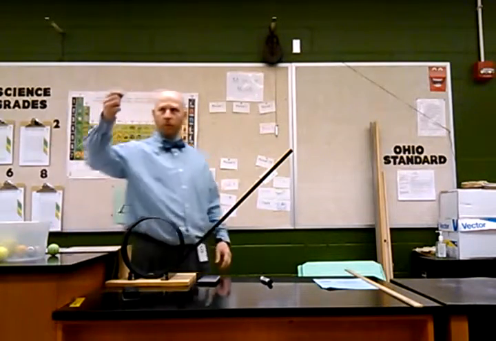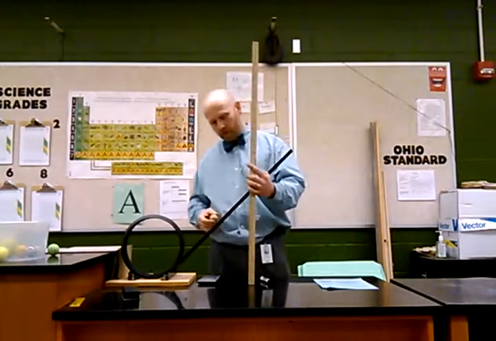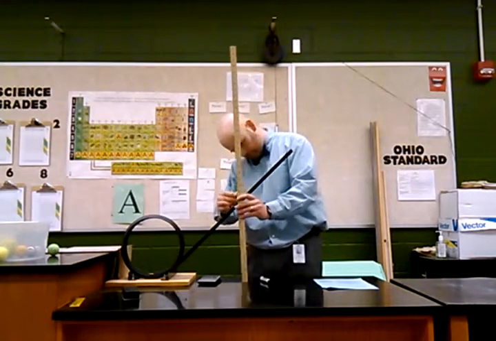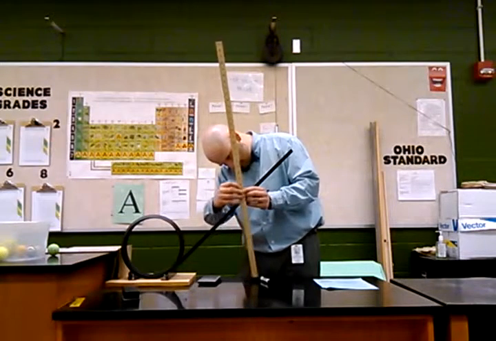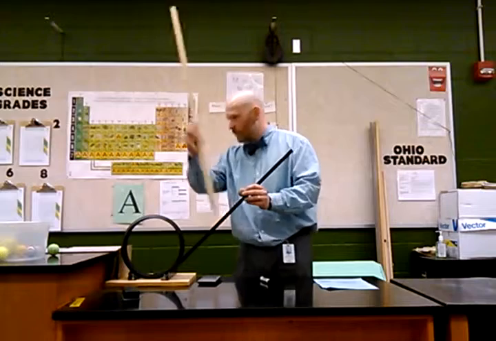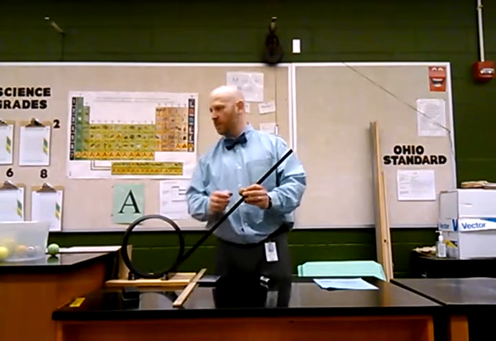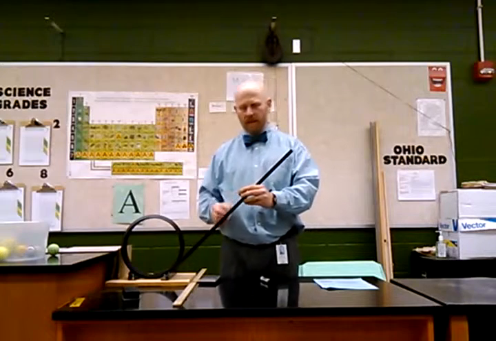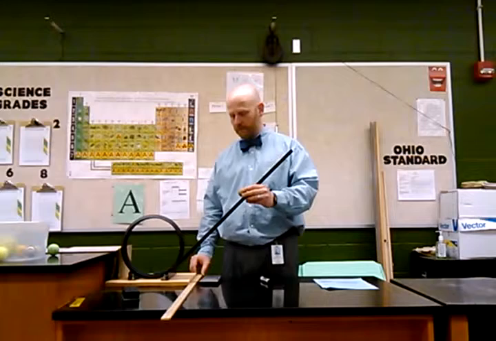Our next object will be the wooden ball. We will place the wooden ball, which has a mass of 0.0201 kilograms, at a height of 0.35 meters.